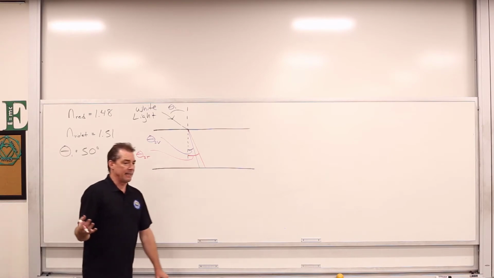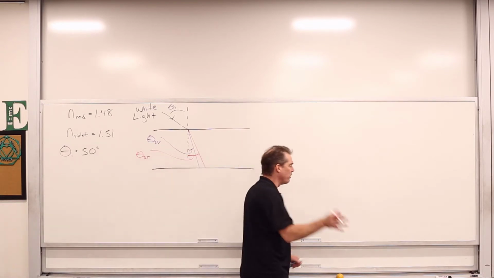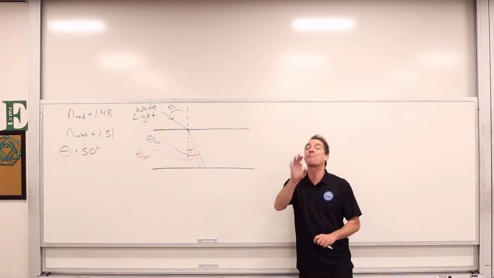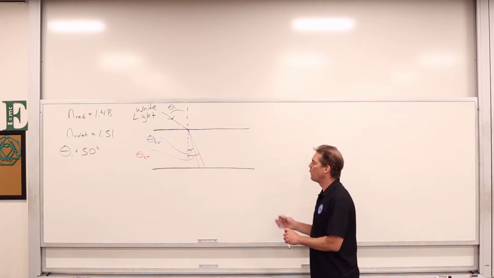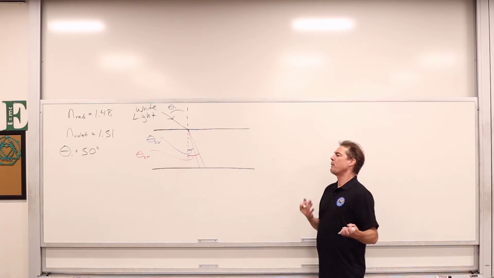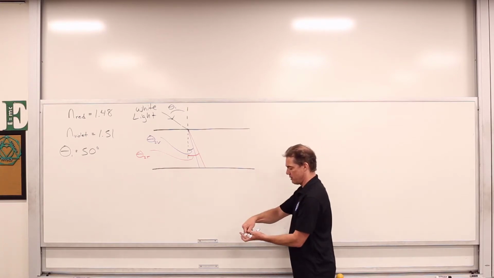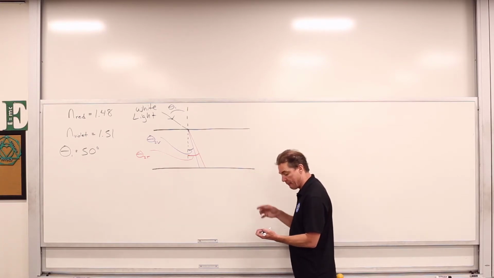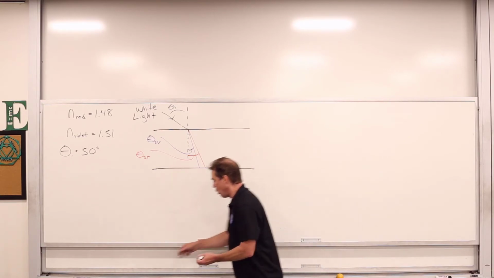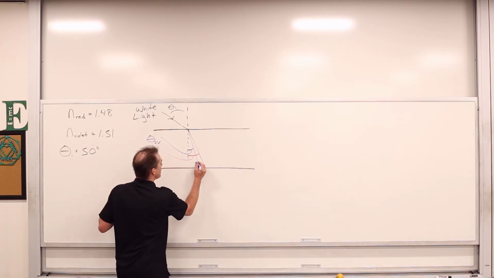So we go to part A, which asks, what is the dispersion angle between the red and the violet end? The dispersion angle is the angular separation between the wavelengths under consideration, this being the ends of the visible spectrum.